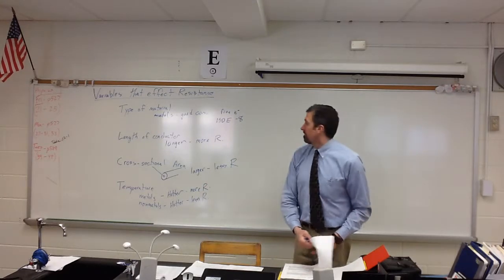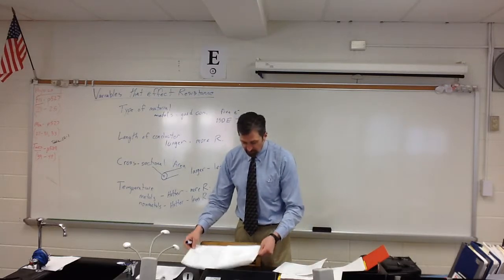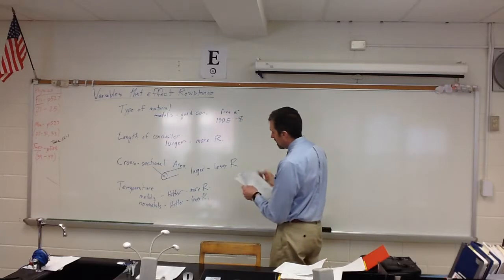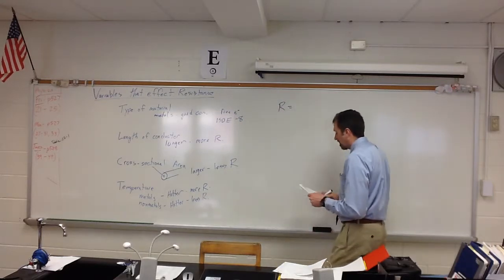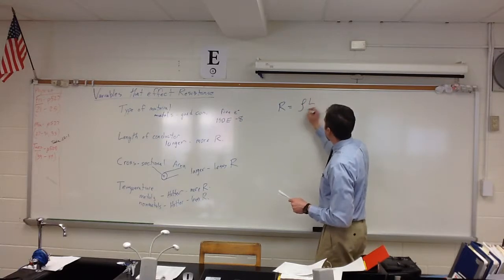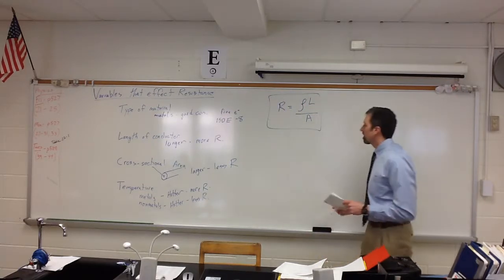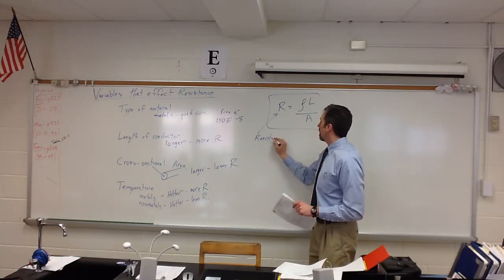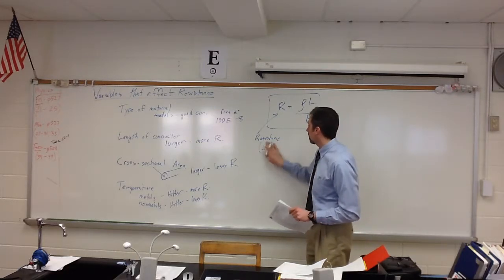Now the equation. There's actually a great equation that's found on the same page of the reference table. It's up near the top, and it is the resistance of a material is rho L over A. R is resistance, and resistance is listed in units of ohms, just like we talked about, the terrible ohm symbol.